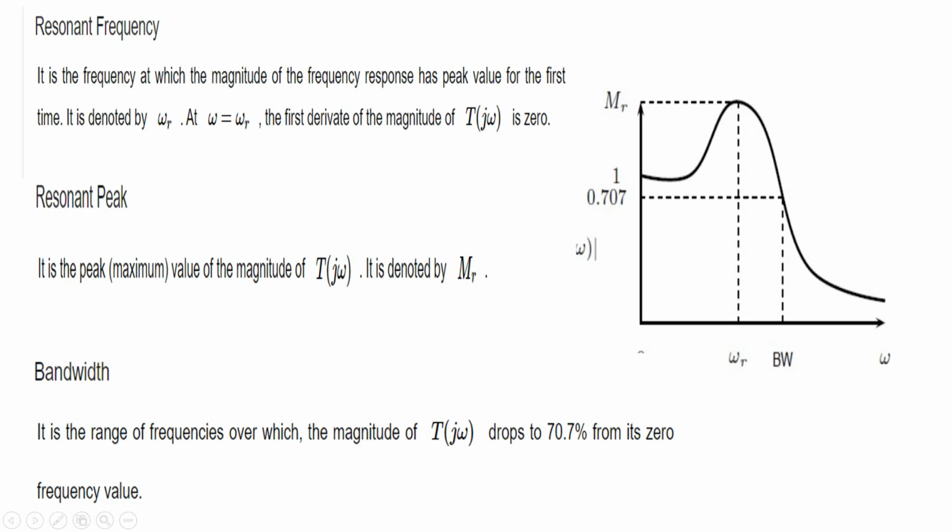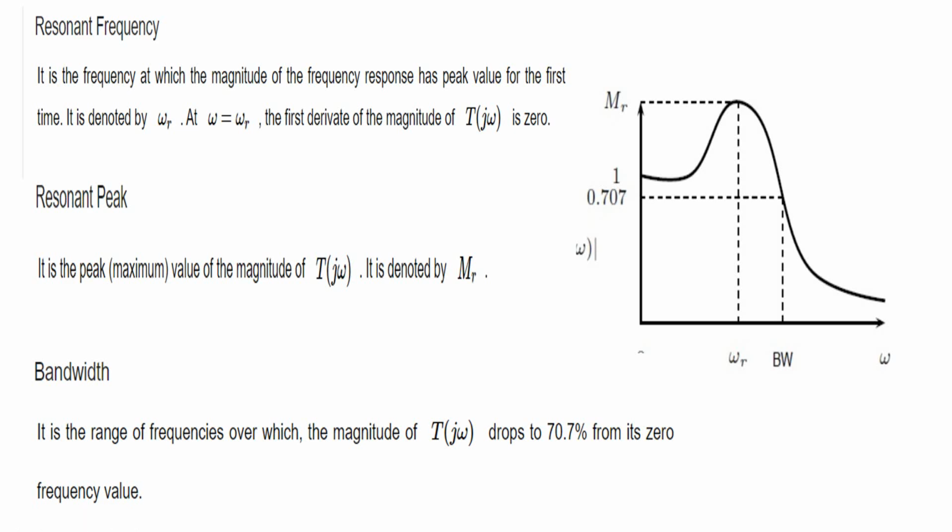So this is the graph showing how the amplitude or the magnitude of this system varies with respect to the frequency. On the x-axis we are taking the frequency. With increasing frequency, this is how the magnitude of the system varies.